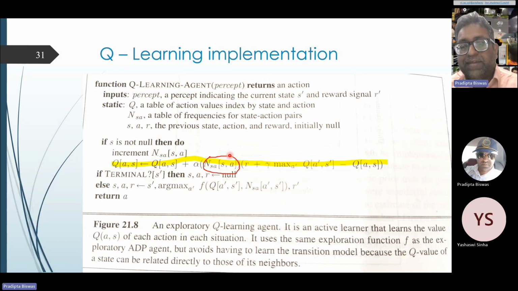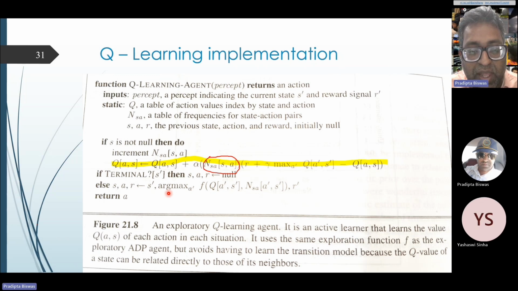Yeah. So this is getting multiplied to this whole temporal difference here, like the learning rate. And as the value increases, even though an action was maximizing the Q value, that will be discounted more than an unexplored action.